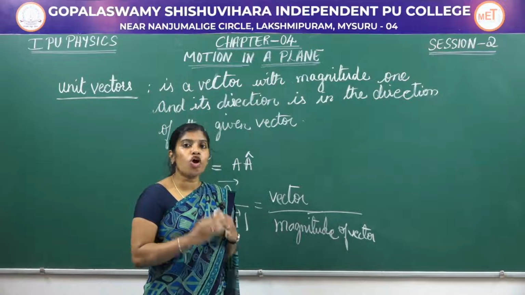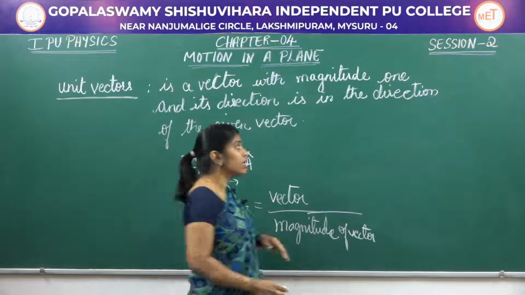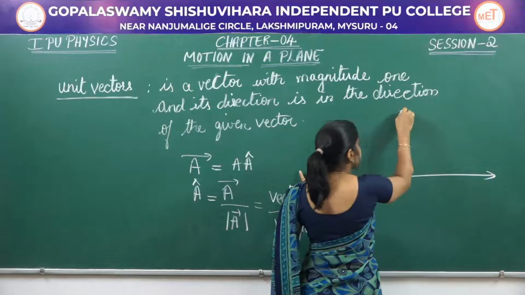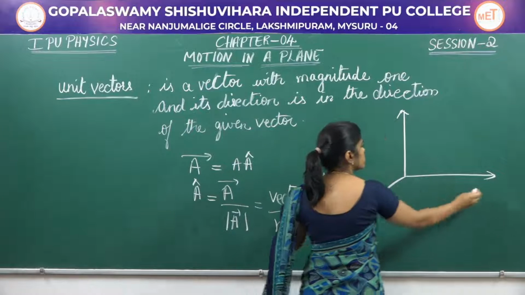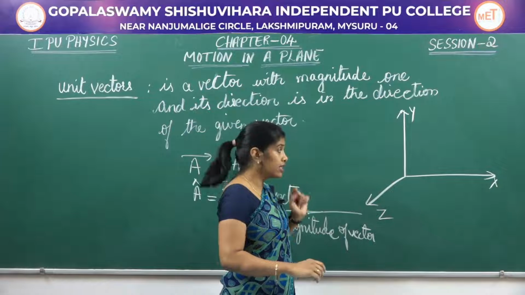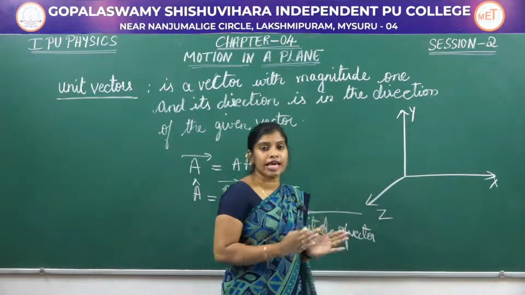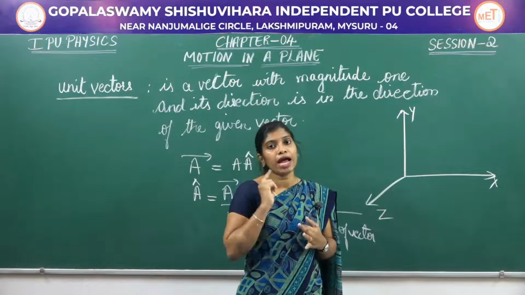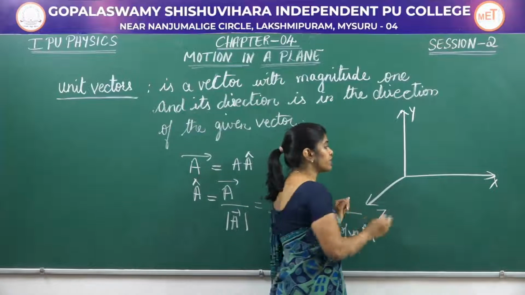Next, let us discuss the orthogonal unit vectors. Now if I consider a three-dimensional coordinate system, so this is x-axis, y-axis, z-axis, then the unit vectors in this case are represented by i cap, j cap and k cap. So what are unit vectors here?